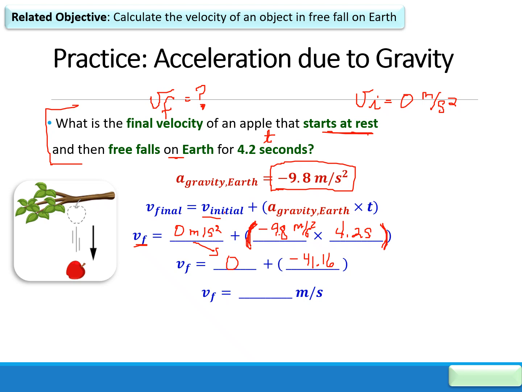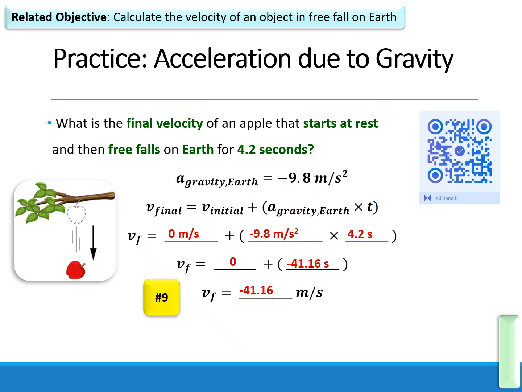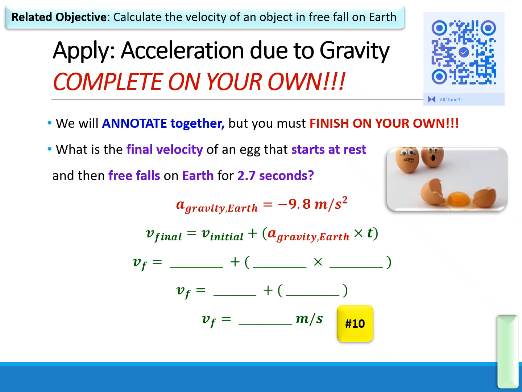Final thing I'm going to do is I'm going to add these two together, and my final velocity is a negative 41.16. So again, question number 9. Pause the video, fill in those boxes, and then start the recording back when you are ready.